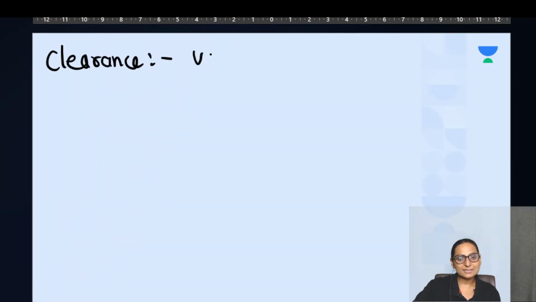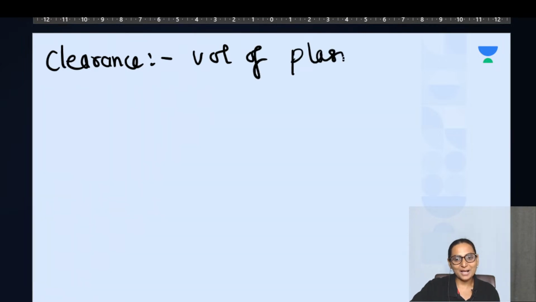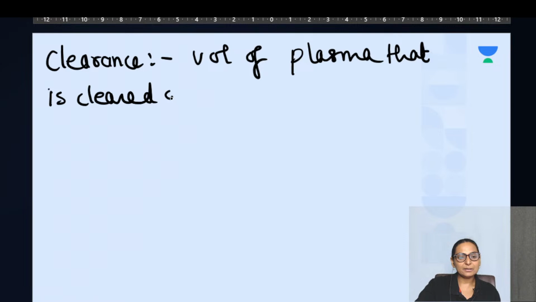So the clearance is defined as the volume of plasma that is cleared of a particular substance per unit time as it flows through the kidney. शॉक हो गया एकदम, रेनू शॉक हो गई। रेनू अभी आप ये देखो। Yes, Ayman, very good.